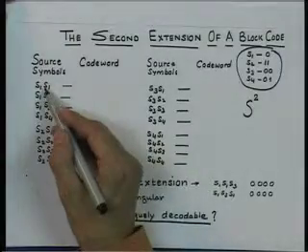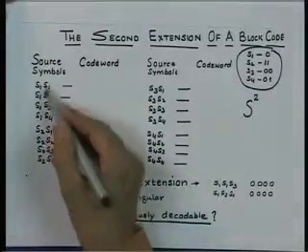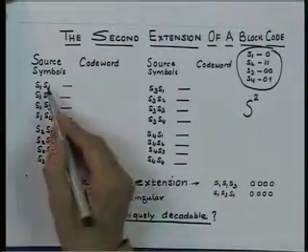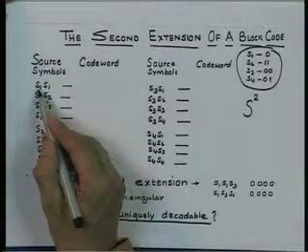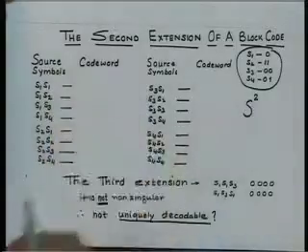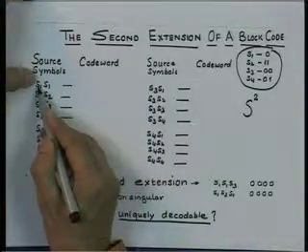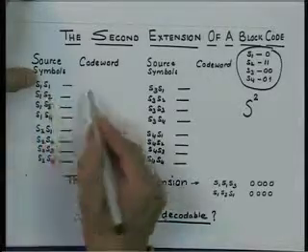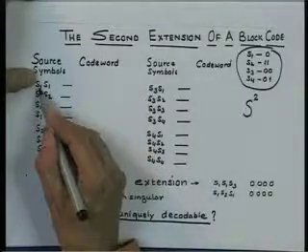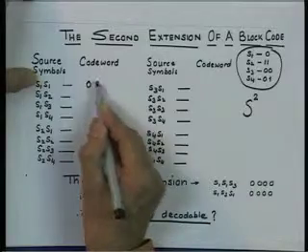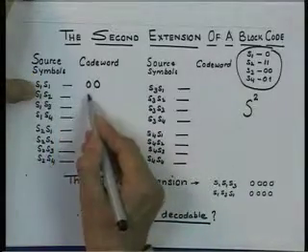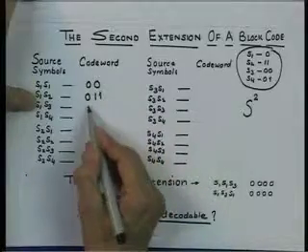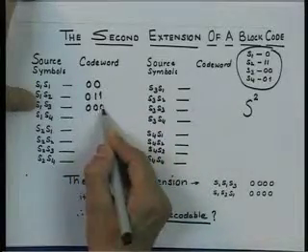Now, to form the code words corresponding to these 16 symbols is very easy. Look at the code words for each symbol and concatenate them. For example, if you take S1, S1, the code word corresponding to S1 is 0, so the code word corresponding to S1, S1 is 0, 0. Similarly, S1, S2 would be 0, 1, 1. S1, S3 would be 0, 0, 0.